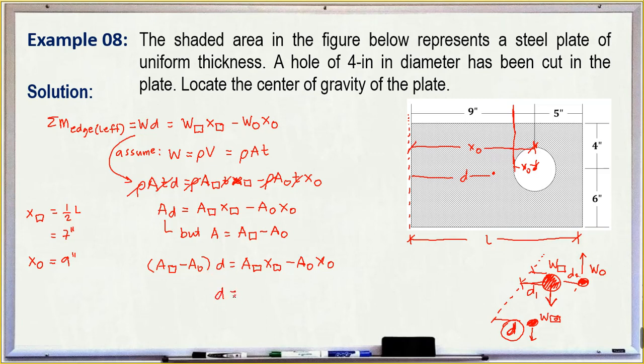So for D, we have area sa rectangle, that is 9 plus 5 times iyahang length is 6 plus 4, nya iyahang centroid kay 7, minus area sa circle is pi over 4, then given man ang diameter nga 4 inches, so 4 squared. So ato gihapong 9 plus 5 times 6 plus 4.